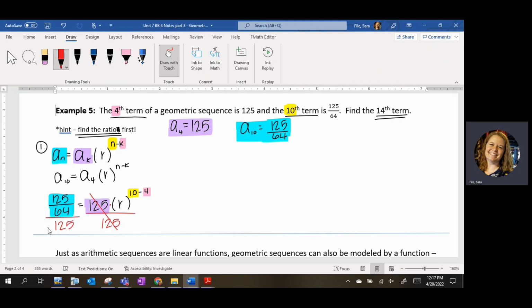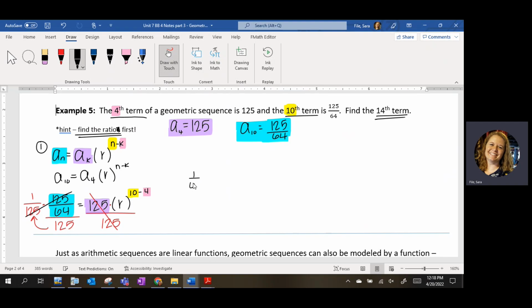And we said you can flip and multiply. So instead of dividing by 125, we're going to multiply by 1 over 125. And seeing it that way, I can clearly see what happens to the 125s. Yeah, those reduce. Common factor in the numerator and denominator. So that's just 1 over 64.